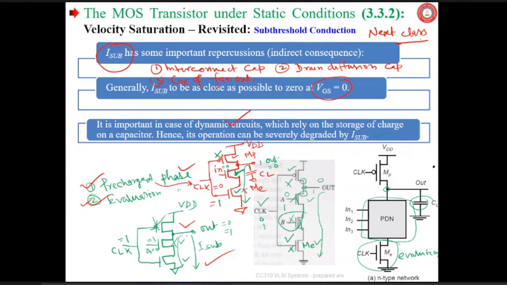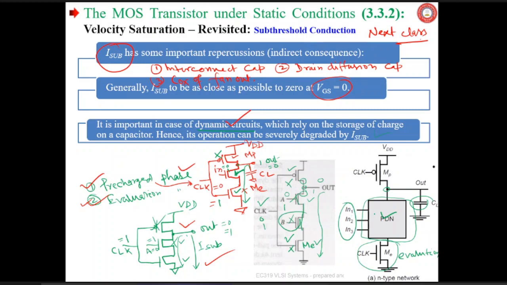We will discuss later in more detail, but I have started explaining the dynamic circuit. What do you understand here? During the evaluation phase, here it is only one input, but in other cases it may be a 3 input NAND gate, where the pull down network has 3 transistors.